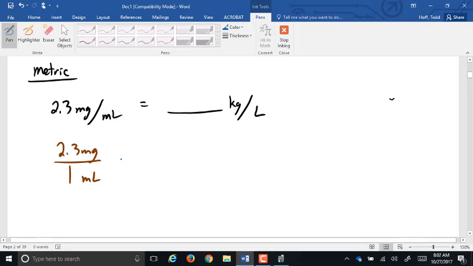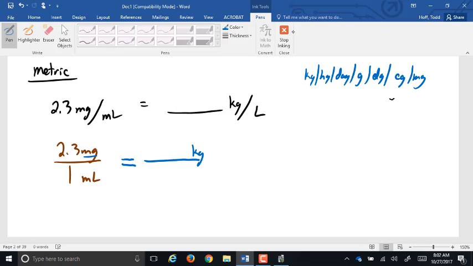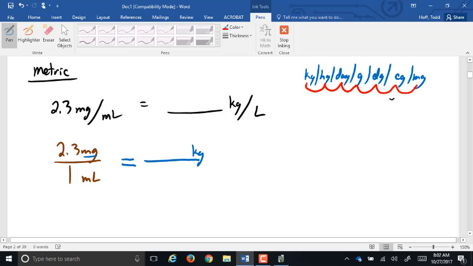Now note, I'm not doing times here, I'm doing equals. I'm just going to convert each unit. Milligrams are going to become kilograms. On my chart, to get from milligrams to kilograms is 6 spots to the left. So I move my decimal point 6 spots to the left, filling in some zeros. So that's what that comes out to be in kilograms.